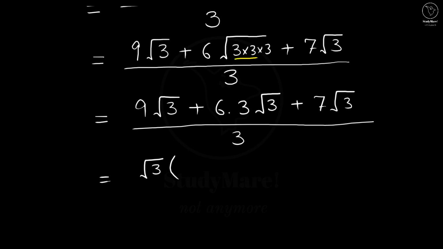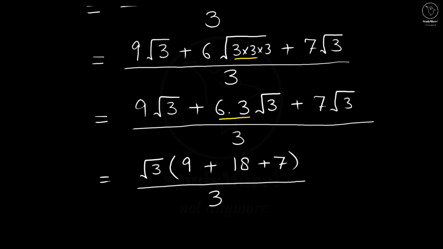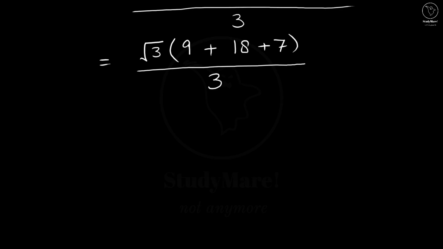So here we are left with 9 plus, here we are left with 6 into 3, and if we multiply we get it as 18 plus 7 and this whole divided by 3.